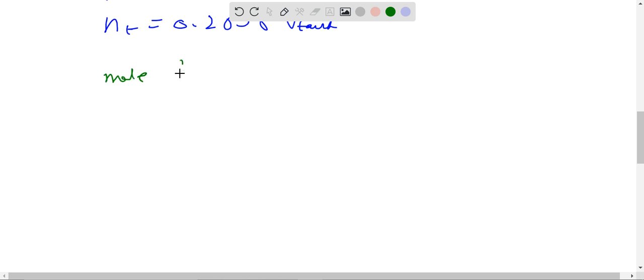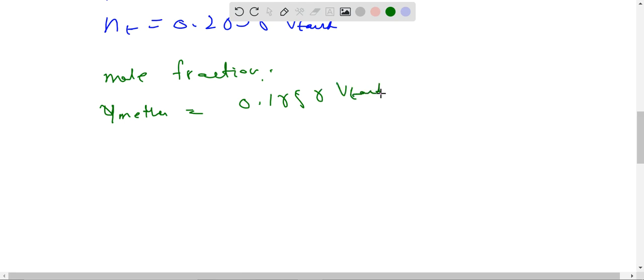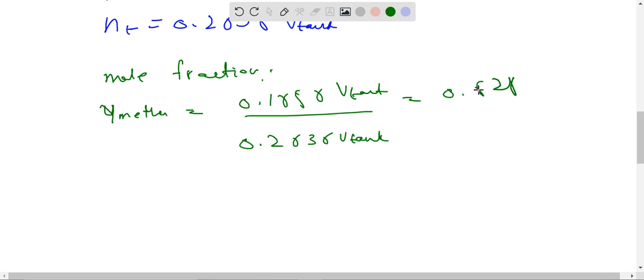Now we have to find the mole fraction. So the mole fraction for methane is the number of moles of methane, 0.1656 V tank, divided by the total number of moles. So the mole fraction for methane is 0.628.